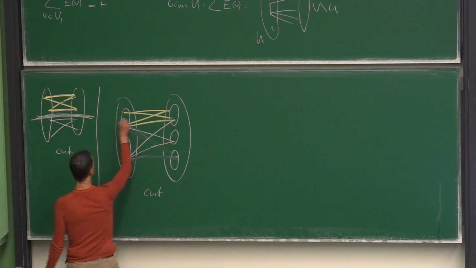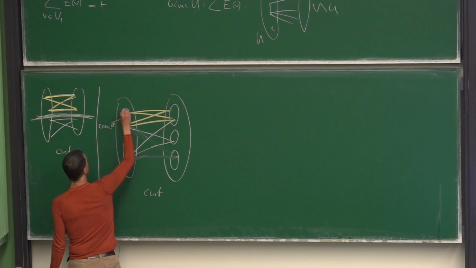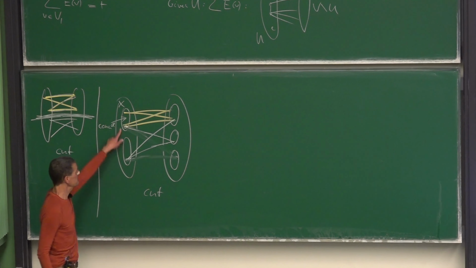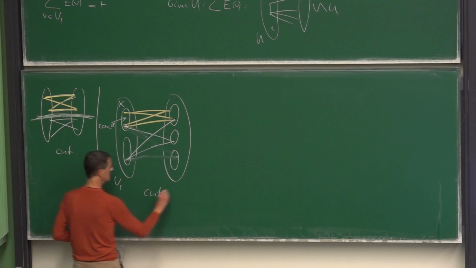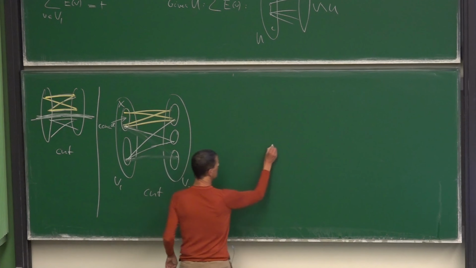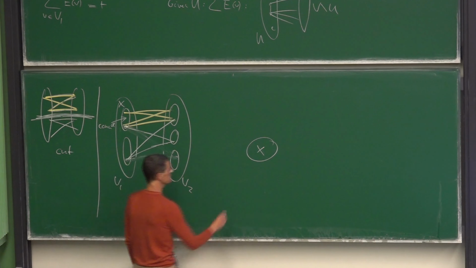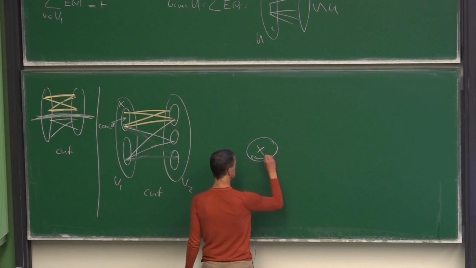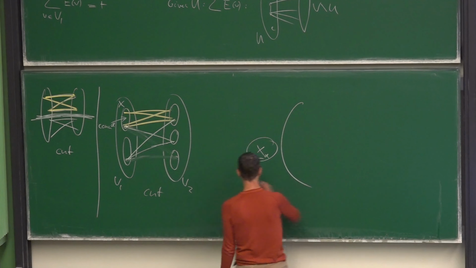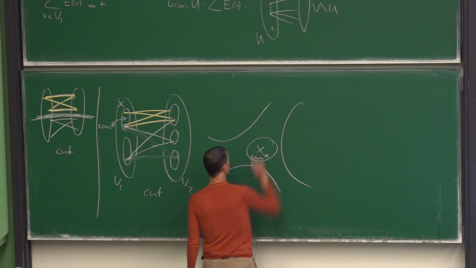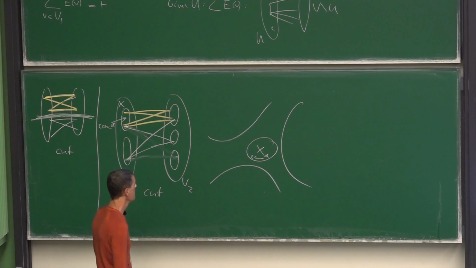Well, let's take this connected subset X of V1 and draw a new picture. So this is X, which is connected. And when we delete that from the graph, we get some components, obviously, as we always do.